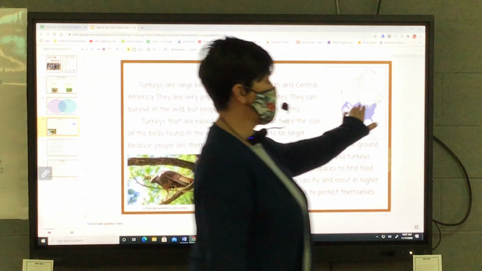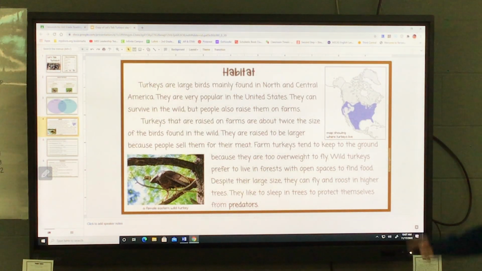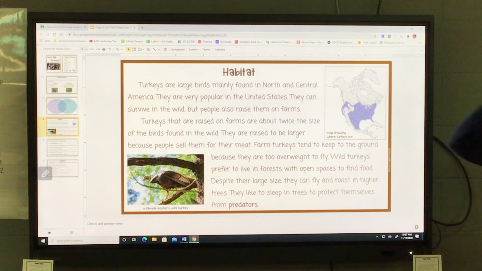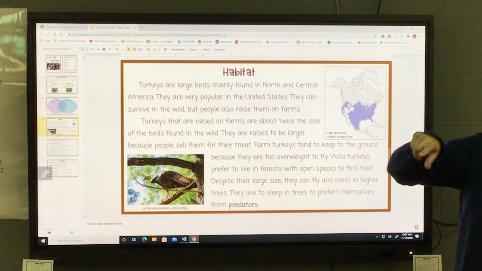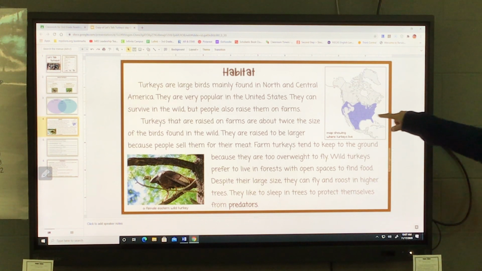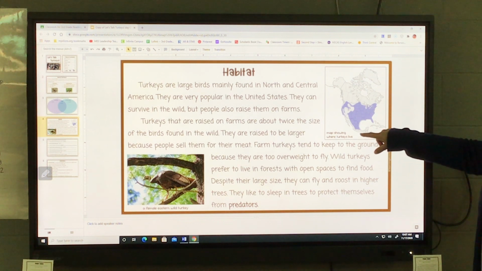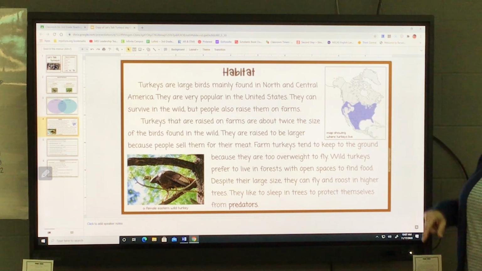Okay, do you see the map? Do you see this purple part on this map? If you want to go to your slide to be able to see it better, that's fine. Do you see the purple part on the map? That shows where turkeys live. Do they live in a lot of the United States?